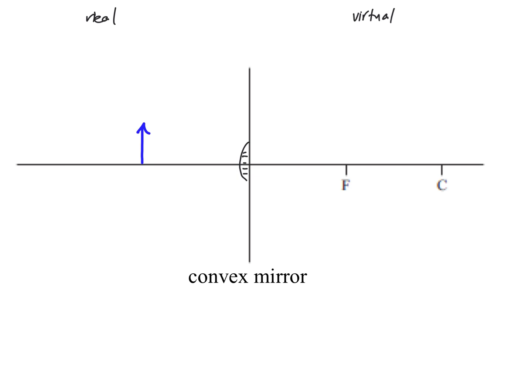So let's indicate our object with the letter O. Let's draw our ray diagram. So the first light ray is going to be parallel to the principal axis, but this time around, because this is a convex mirror, the light ray is going to be reflected away from the focal point, which is behind. So I've drawn the guiding line here.